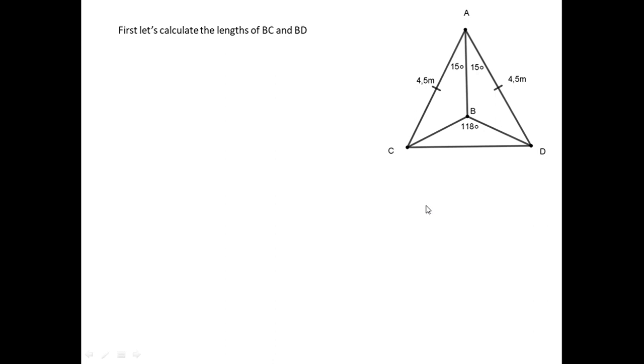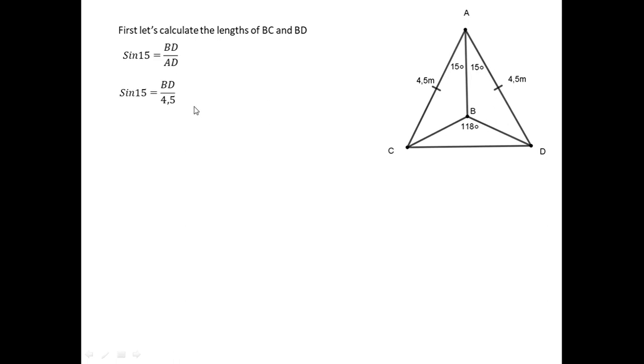There we go. To work out the length of BD, this triangle, triangle ABD, is a right angle triangle, which means your standard grade 10 trig ratios will work. I've got the length of the hypotenuse, I've got this angle here, 15 degrees, and I'm trying to work out the length of the side opposite the angle, which means I must use my sine ratio. Sine is equal to opposite over hypotenuse.